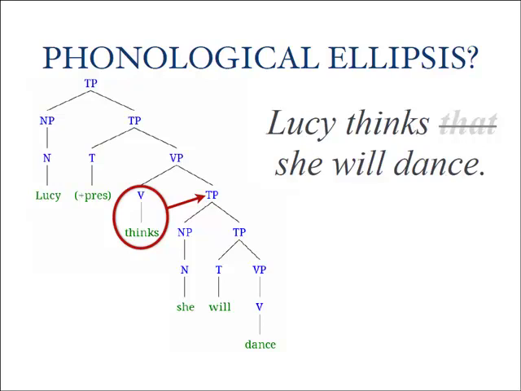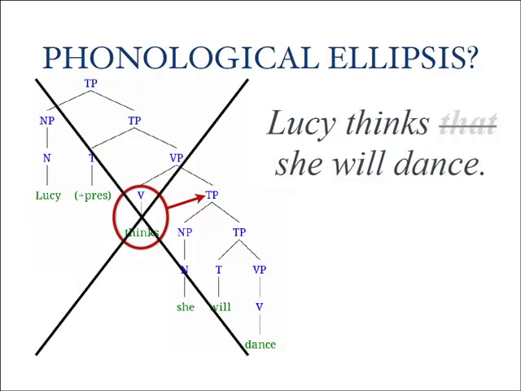The reason we don't like this analysis is because if we had it that way, we would be saying that for all of these verbs, they can all have these two different kinds of subordinate clause: the one with the structure that has the "that," and the one with the structure that doesn't have the "that."